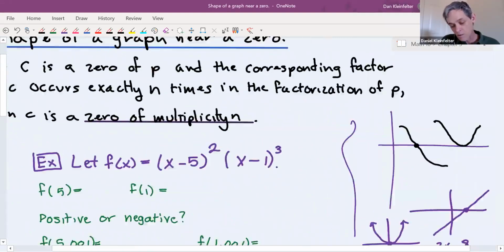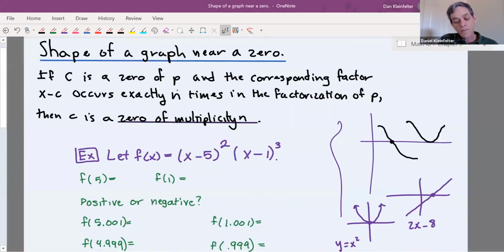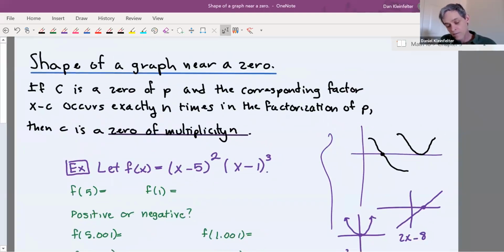Okay, so a little definition first to help us out. P is our polynomial function. If C is a 0 of P, that is P of C equals 0. Okay, let's write that up here. P of C is equal to 0.